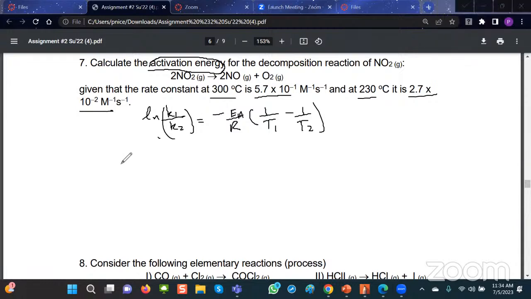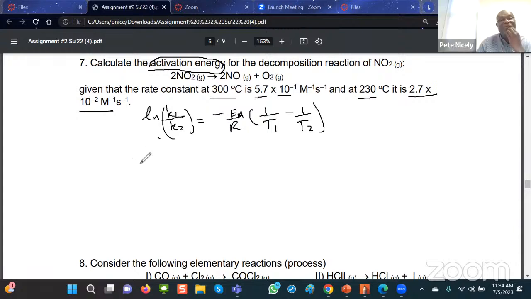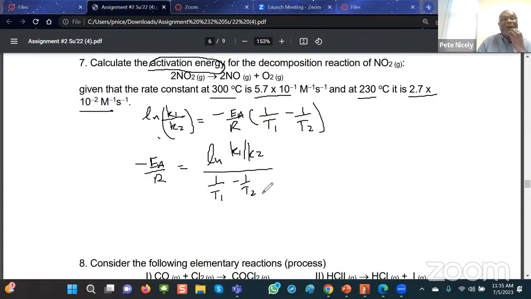You would divide by 1 over T1 minus 1 over T2 on both sides. If you do that, you're going to end up with minus EA over R equal to ln K1 over K2 divided by 1 over T1 minus 1 over T2. You're correct. And then what?